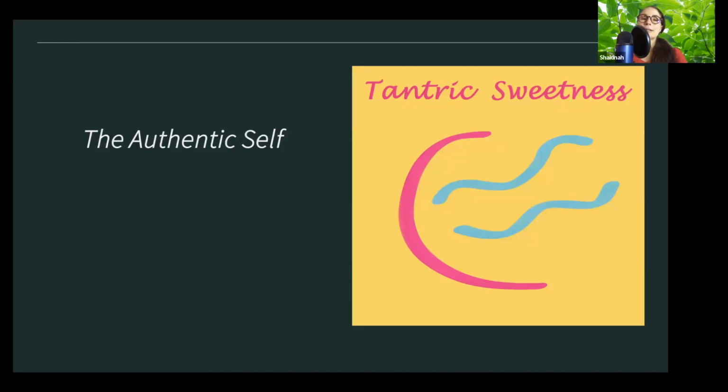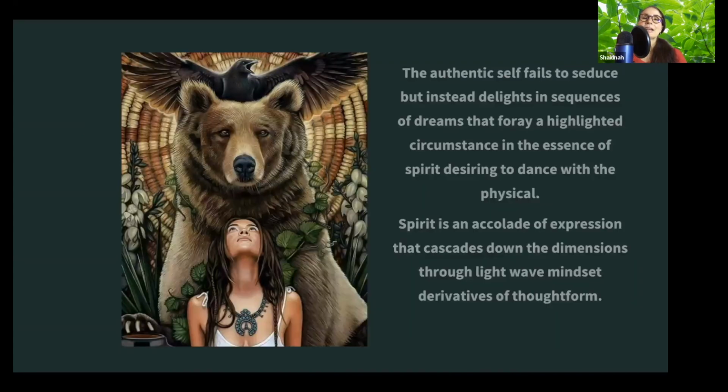The authentic self. The authentic self fails to seduce, but instead delights in sequences of dreams that foray a highlighted circumstance in the essence of spirit, desiring to dance with the physical. Spirit is an accolade of expression that cascades down the dimensions through light wave mindset derivatives of thought form.